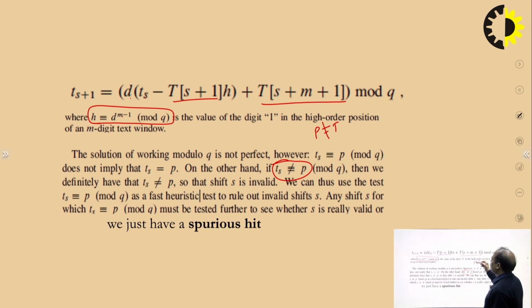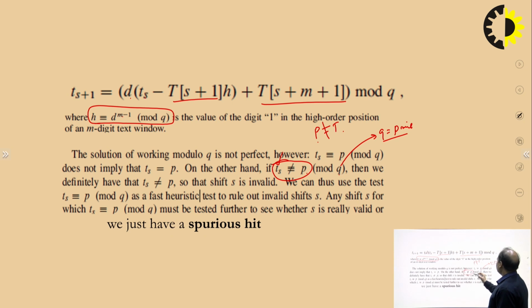So you take the small hash value of this Ts, meaning the valid shift Ts, and the pattern hash value is already computed, and take modulo Q. Generally, Q is a prime number. If this is not equal, definitely that means there is no possibility of pattern being equal to T.